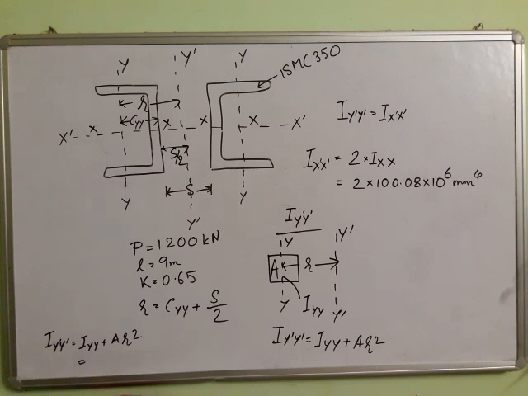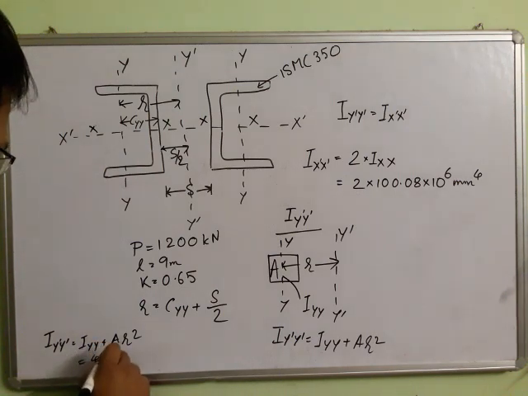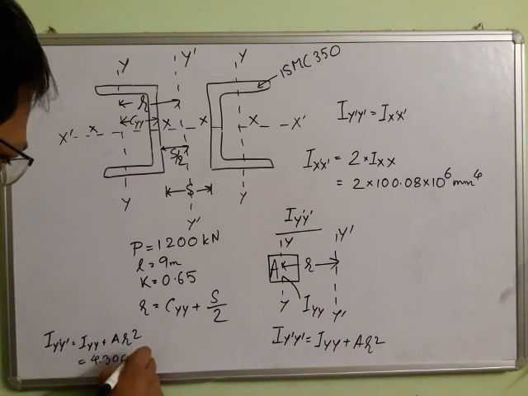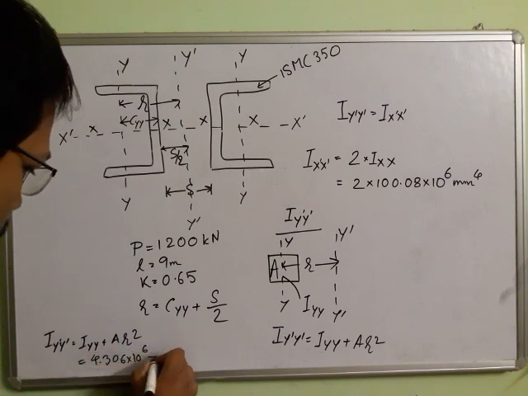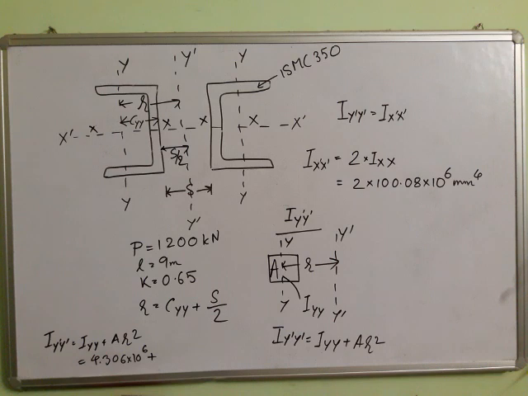Just write down the value of Iyy. We have got it from the steel table. What is the value of A?